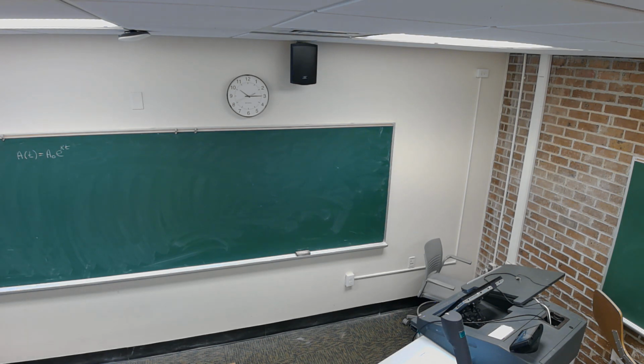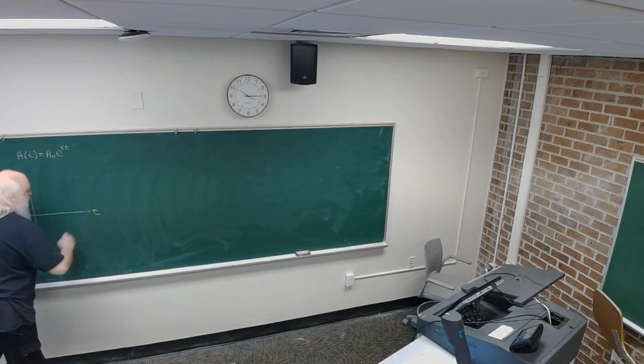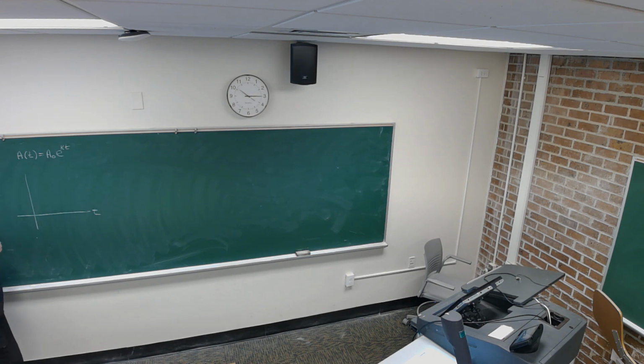The graph of our exponential model looks like this. Instead of an x-axis, we have a t-axis, and the vertical axis is y equals A of t. Remember, y values and function values are the same. Here's t equals 0, so time starts at 0, and A of 0 equals A sub 0.